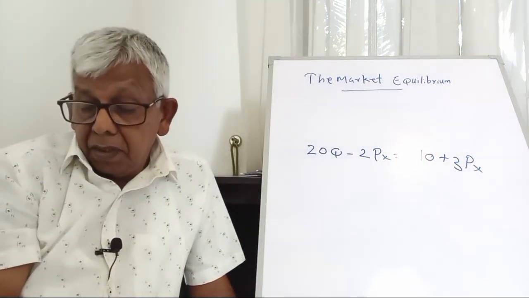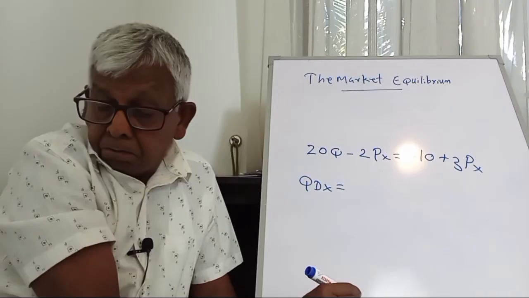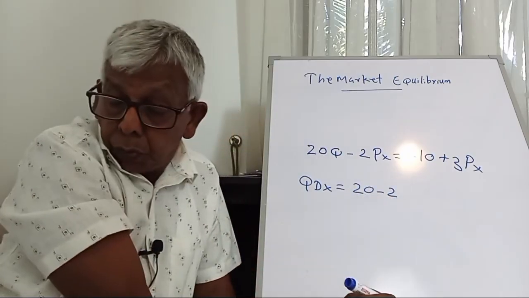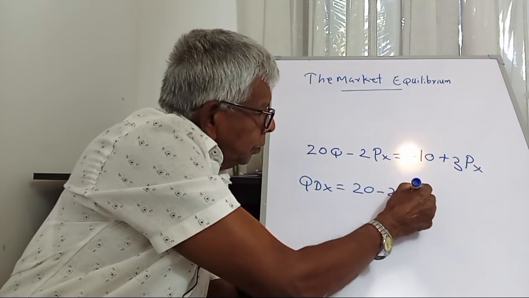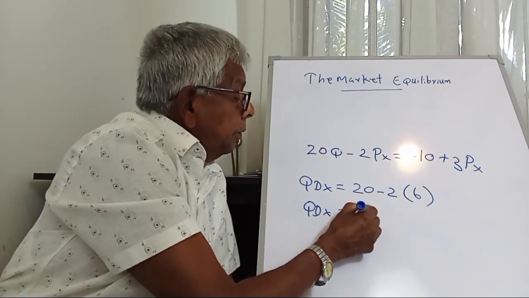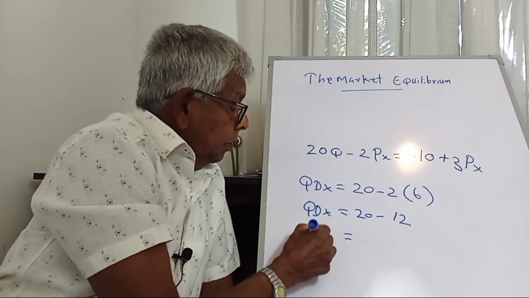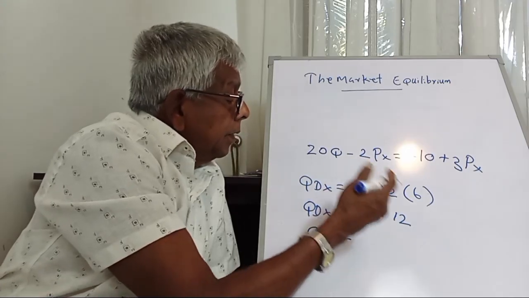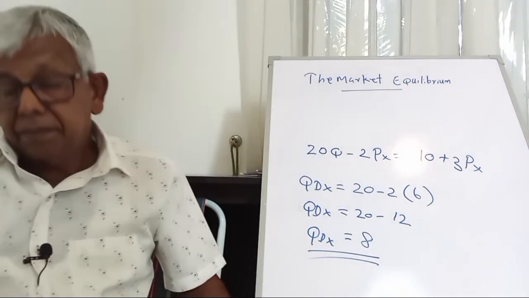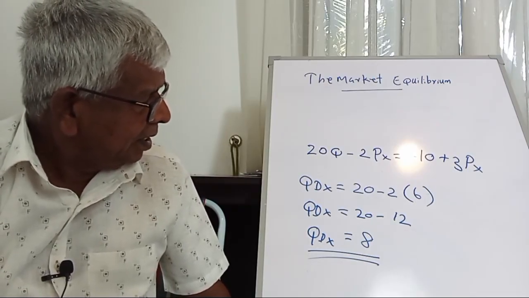Now Qdx equals 20 minus 2 times 6. Qdx equals 20 minus 12, so Qdx equals 8. Qd equals 8.